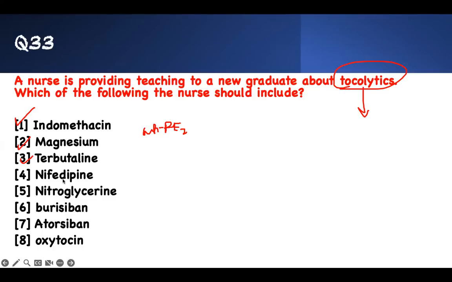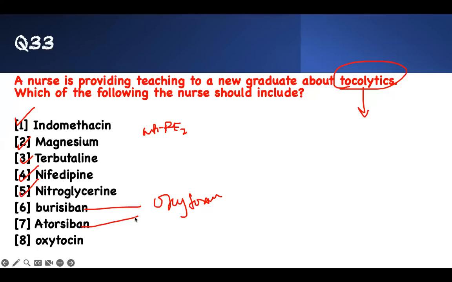How do you stop contraction? Block calcium. So nifedipine is a calcium channel blocker, and nitroglycerin is also very good. Then you have to block the hormone that causes contraction, oxytocin. These are the medications that block it: atosiban.